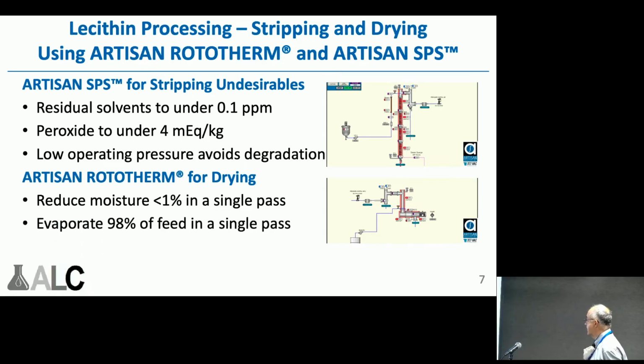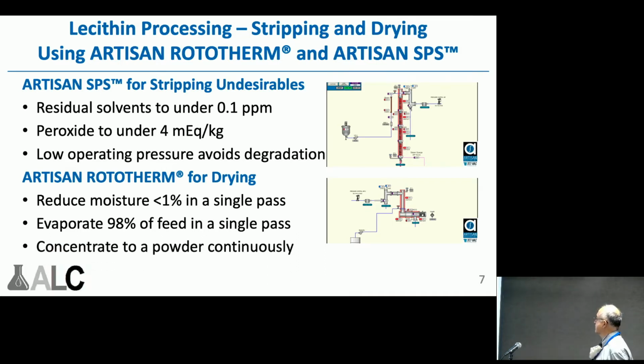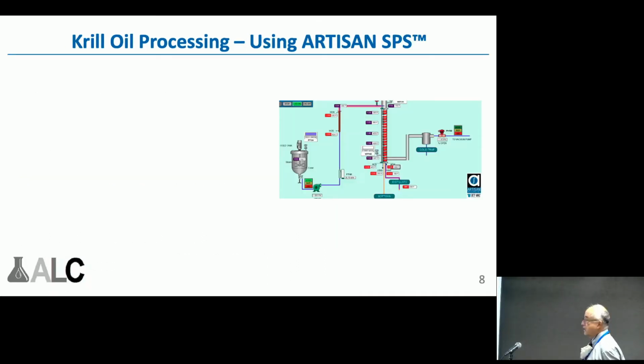Later on I will explain further what I mean by single pass. In many applications, short path distillation involves several passes to achieve the concentrations that we desire in products. And we can also get powder. Lecithin can be converted into a powder, so this efficient scrape surface heat exchanging system that we have is very important for that.